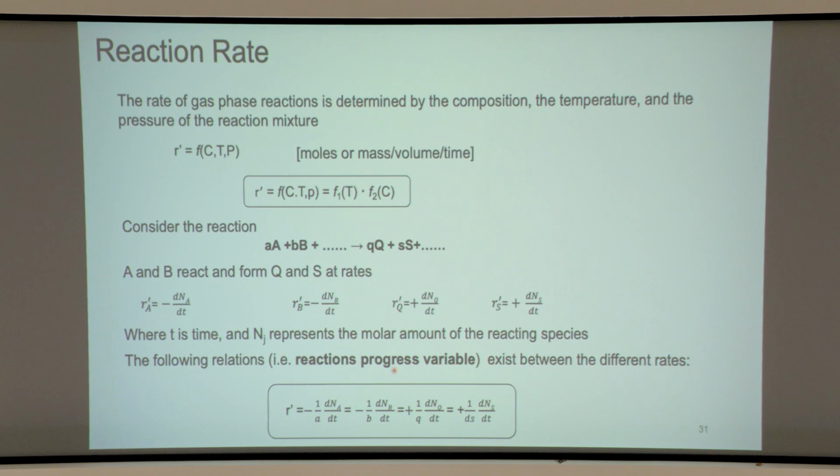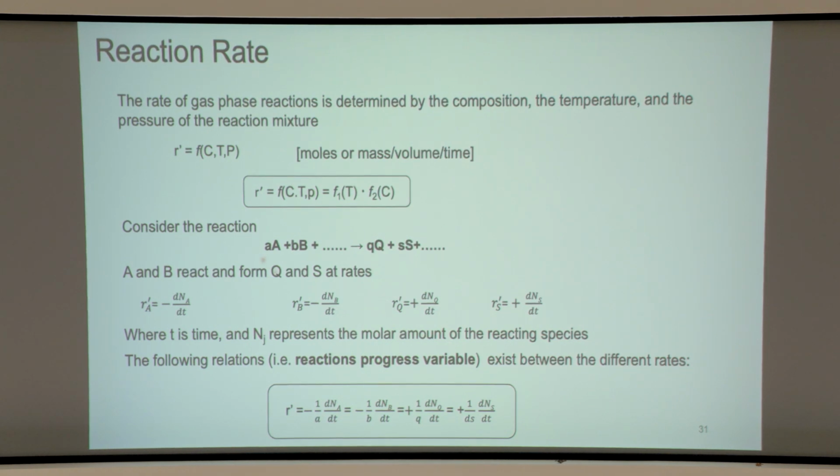And then we have a reaction progress variable. The reaction progress variable links all the different changes in species with each other. So the overall reaction progress variable for one reaction is a unique value, which is 1 over the stoichiometric coefficient for a reactant, multiplied by the number of moles as it changes with time.